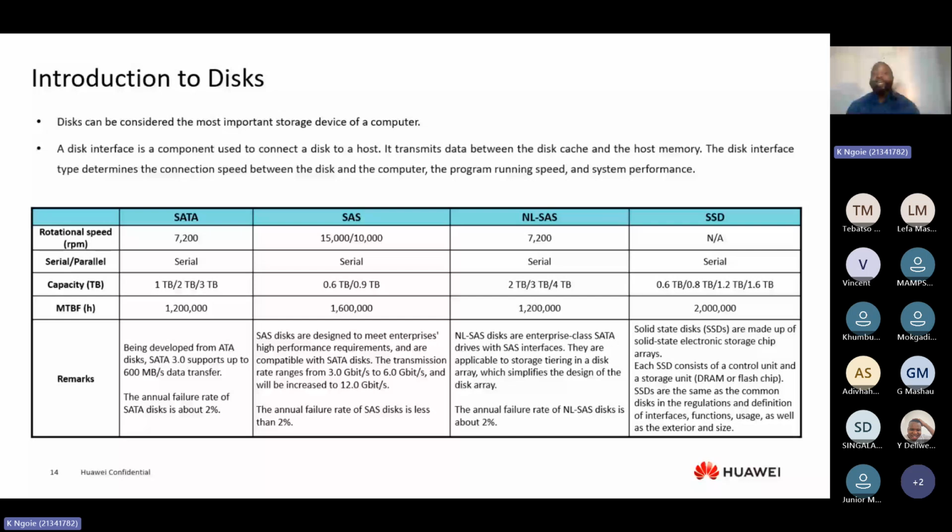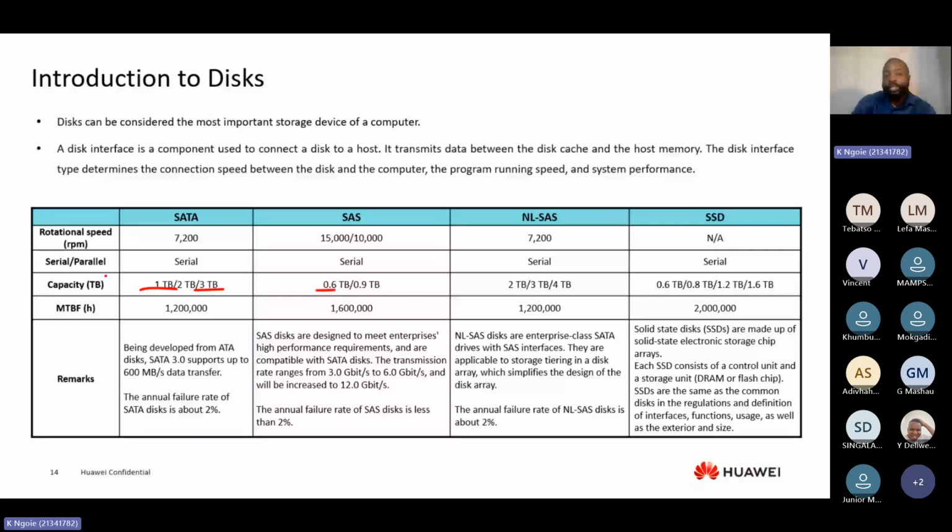They will tell you when they are buying a certain device, they are not just buying it because they like how the device looks. No, they will buy the device because they know the capacity of the device. And it's not always the capacity in terms of size, where you have, for example, 1 terabyte, 2 terabytes, and then you think that's enough. No, we also need to look at other considerations.